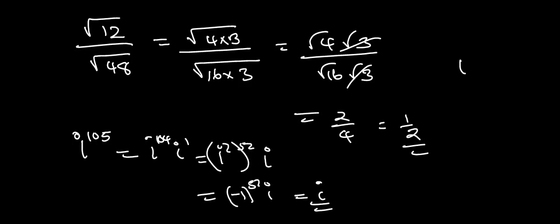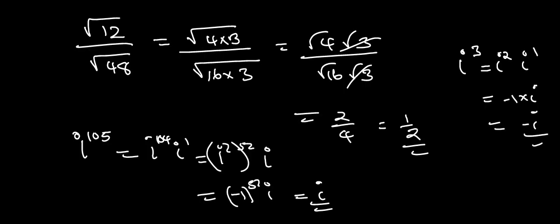It's like if I give you i to the power 3: when the power is odd, you write it as i times the rest, because when you add them it gives back 3. Then this is negative 1 times i, which is just negative i. It's okay, right? Yeah, that's what we have.